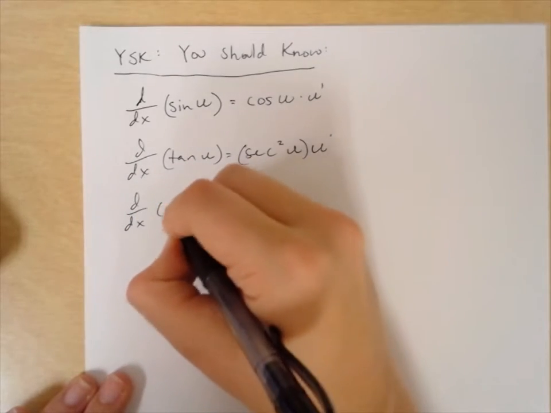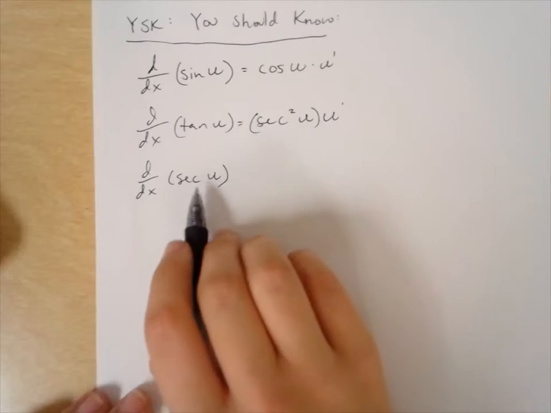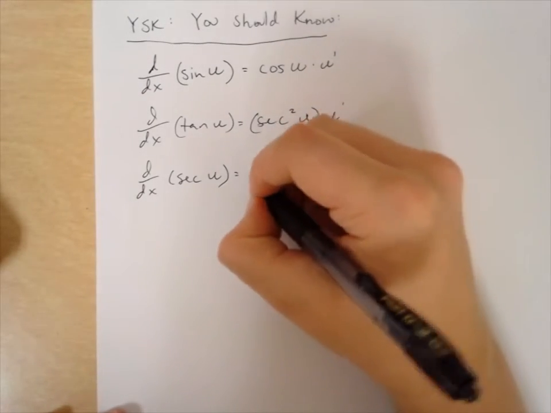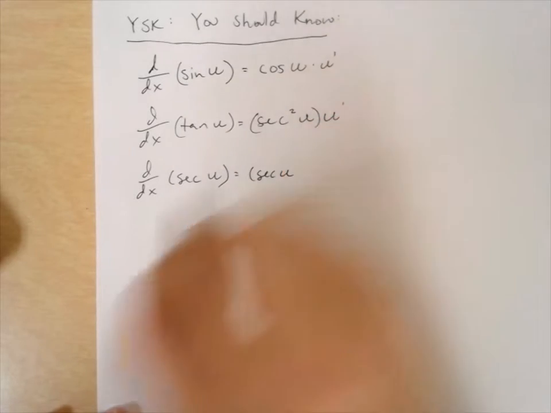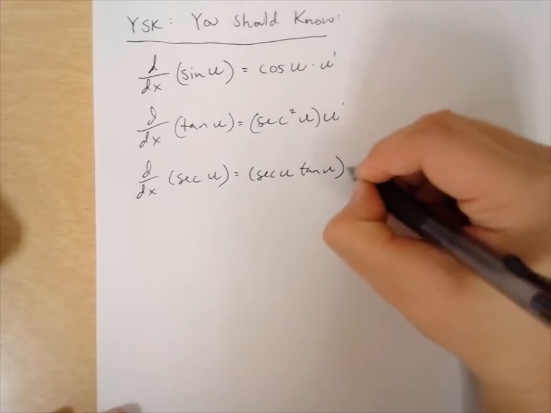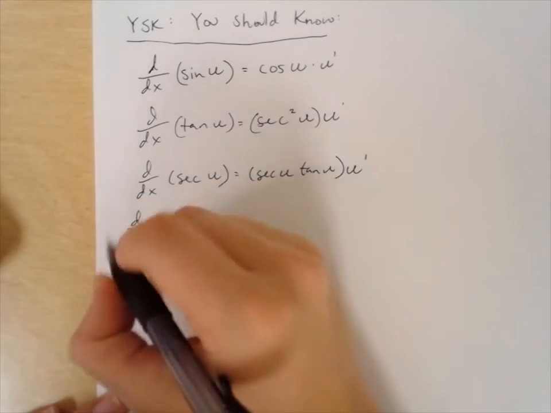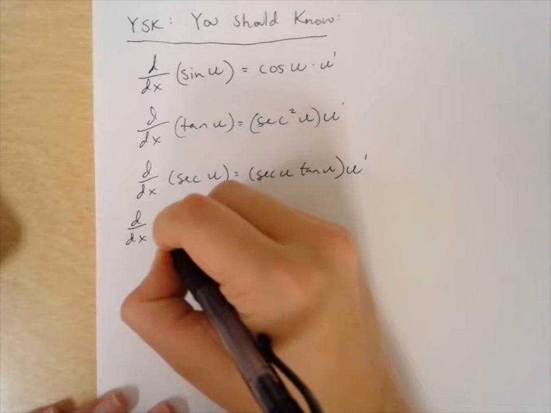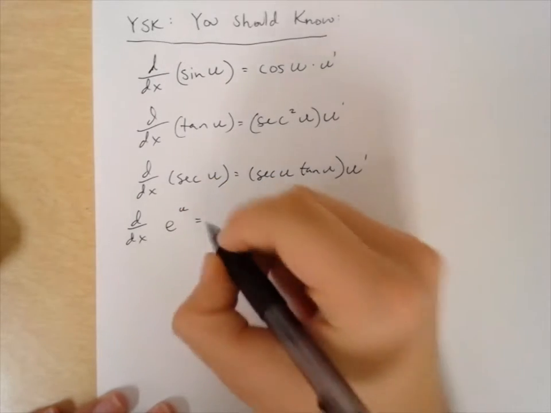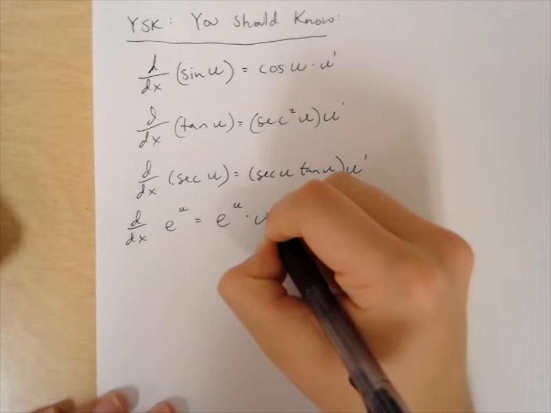The derivative of secant, with a little function in front, would be secant of that function, tangent of that function, all times the derivative of that function. The derivative of e to something is the same as saying e to that thing times the derivative of that thing.